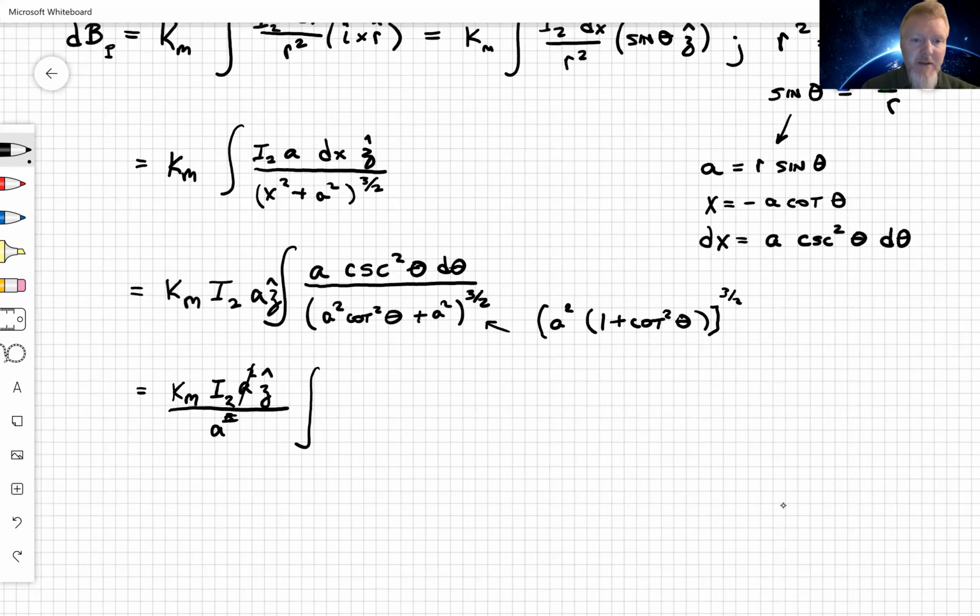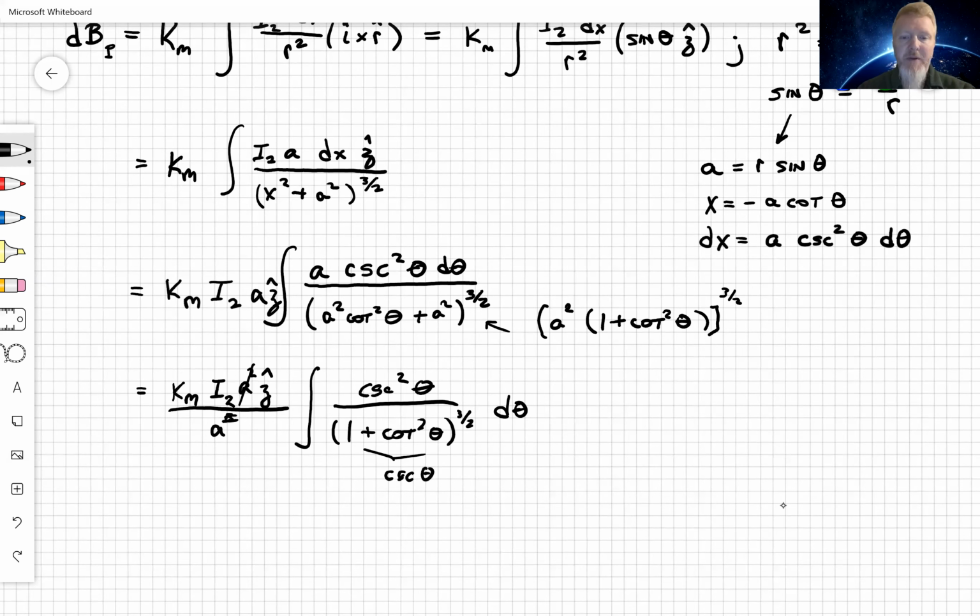Now I'm going to integrate the cosecant squared theta on the top. I have 1 plus cotangent squared theta here on the bottom to the 3/2, and that's d theta integrated. And lo and behold, that becomes cosecant theta squared, but it's under 3/2, so it becomes cubed, which just leaves me with all of this junk out the front.